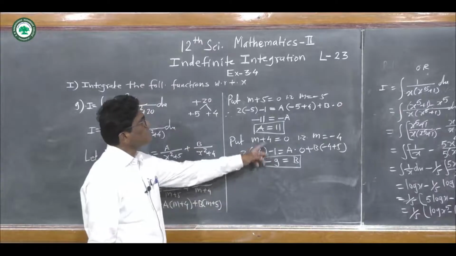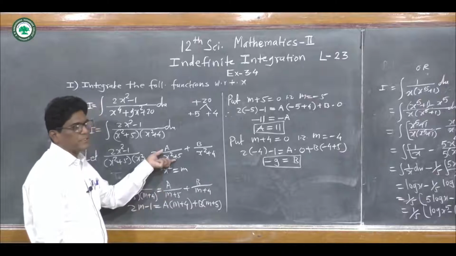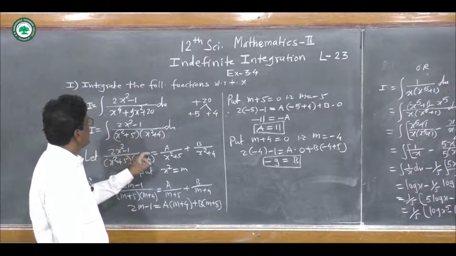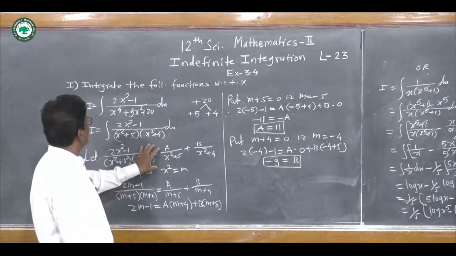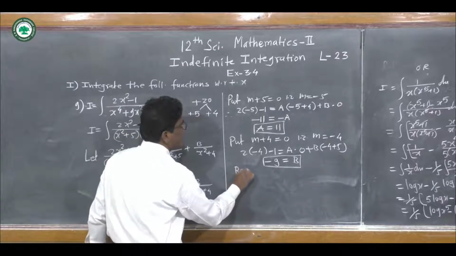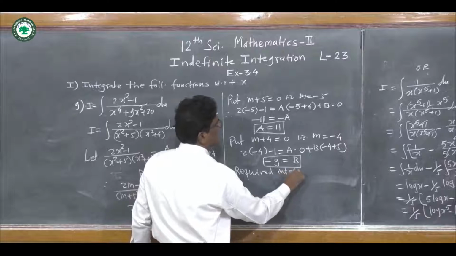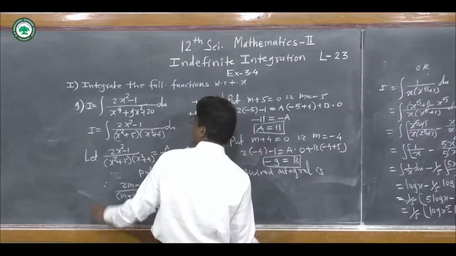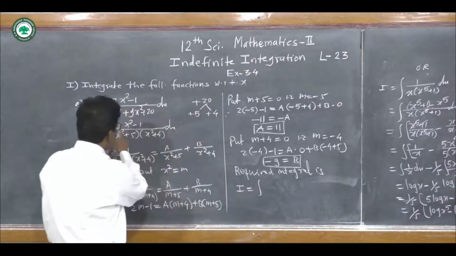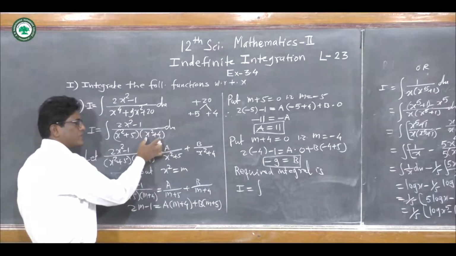Now we put the values of a and b in this equation. Either put in this equation or in this equation. We put here a and b in this equation, and therefore the required integral is I is equal to integration of (2x square minus 1) upon (x square plus 5) into (x square plus 4).